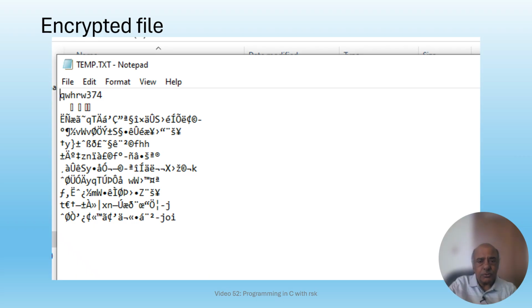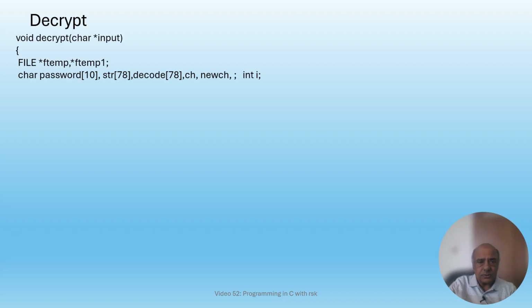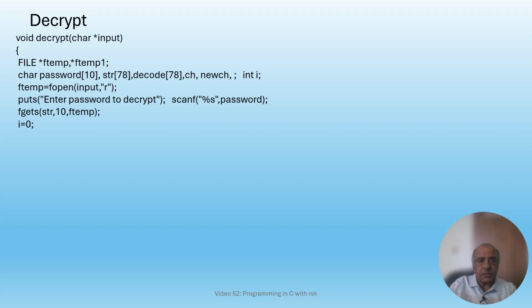Whenever we want to use that file or the data from that file, we will decrypt it. How to do it, we will see in the next function, void decrypt char star input. Input is the name of the file. File star ftemp.